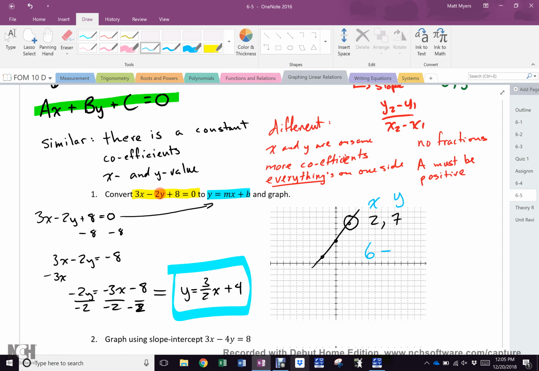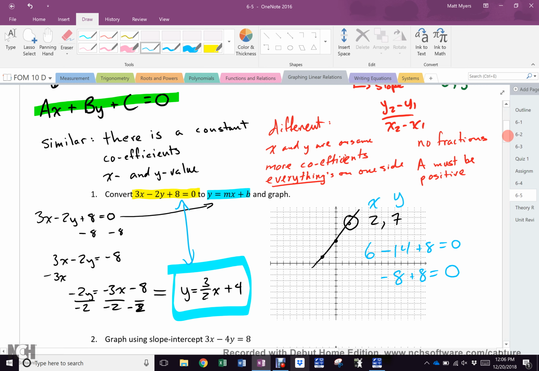What is y? 7. What's 2 times 7? 14. 6 minus 14 plus 8 equals 0. What is 6 minus 14? -8 plus 8, 0. So that point works there, because that and that are the exact same equation, even though they look different. Everybody understand?